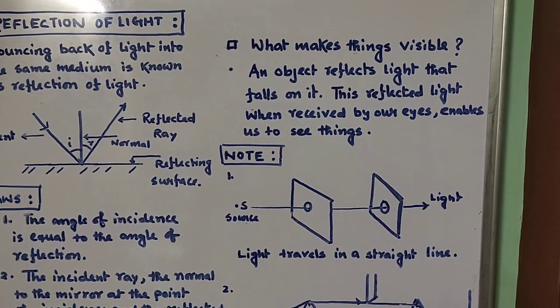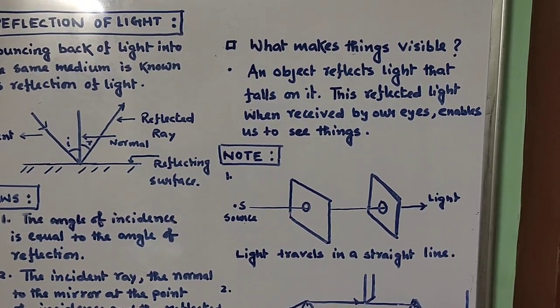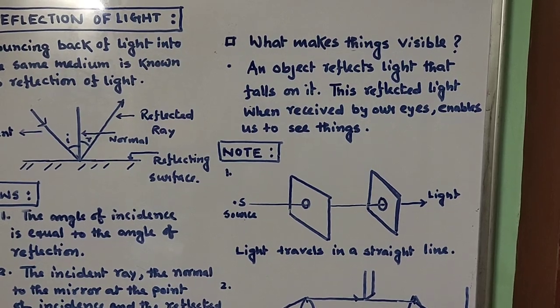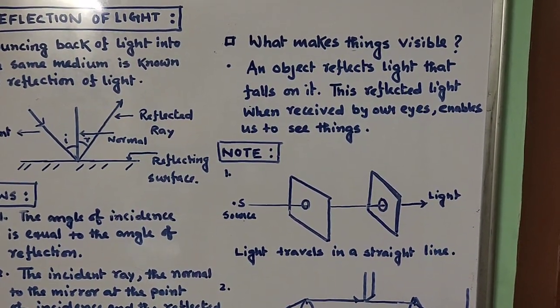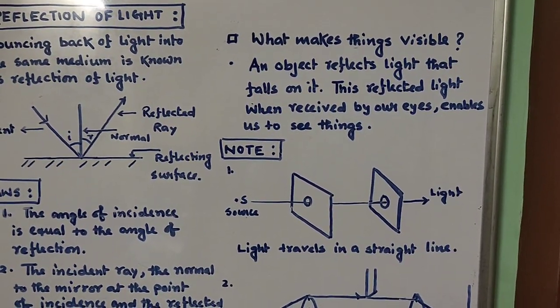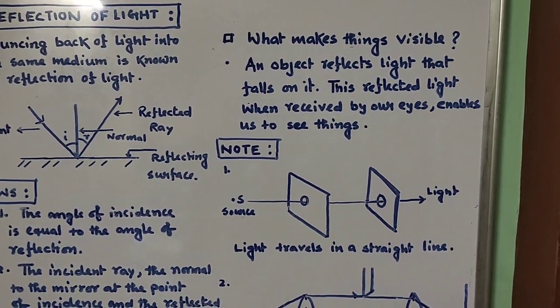Now a part of the incident light gets reflected from the object, and that reflected light, when it falls on our eye, then you can see the object. If the object absorbs all the rays that come from the source, then definitely we are not supposed to see the object.